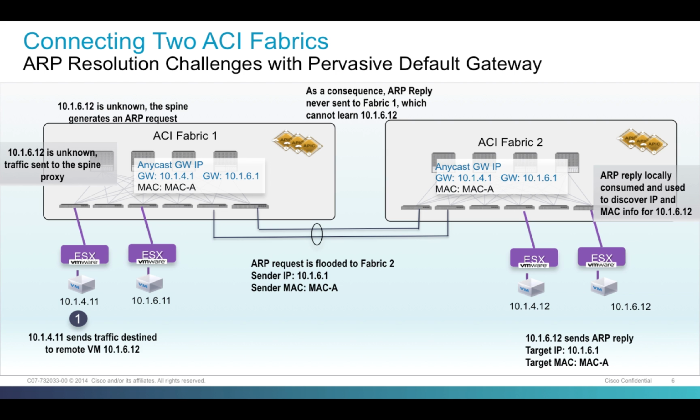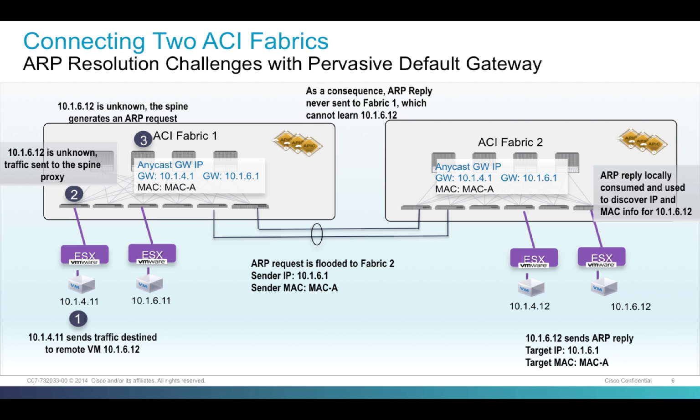First, that virtual machine is going to try to communicate to the other virtual machine. It's going to ARP for its IP address. This ARP is going to get to the leaf. The leaf doesn't know where the destination is, so it's going to send it to the spine. The spine is going to create an ARP request because the destination is on a different subnet.